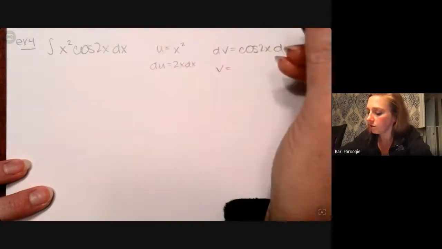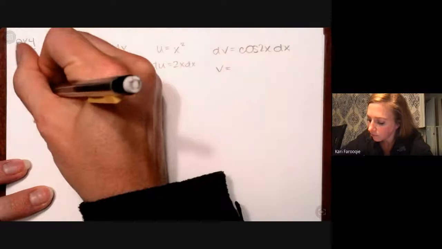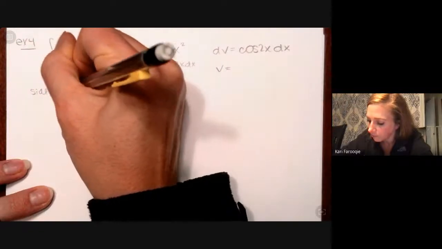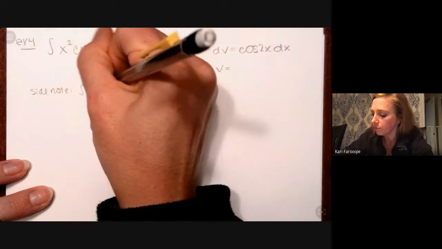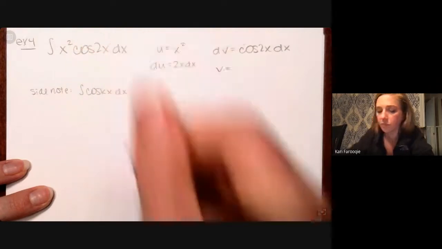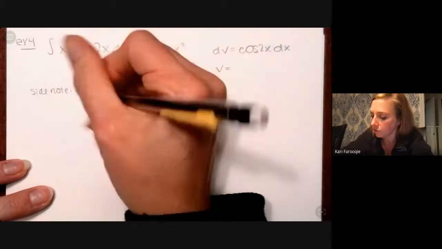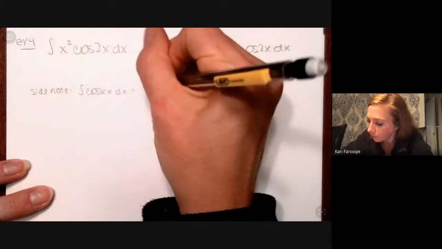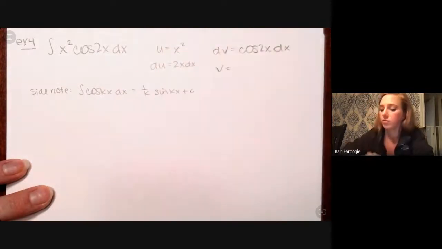So we would say that, side note, the integral of cosine kx dx is going to be 1 over k sine kx plus c.